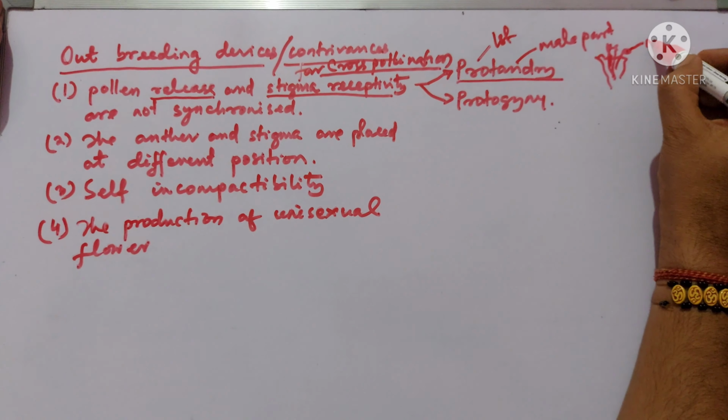And protogyny means, proto means first, gyne means the female part, means the stigma. So in this case, although it is a bisexual flower, the stigma is matured, but at that time the stamen is not matured to produce the pollen.